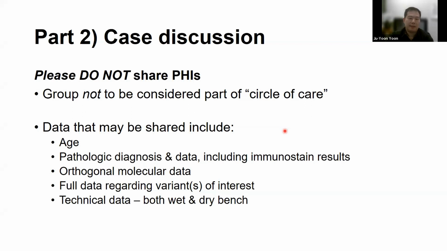Please note, however, that this forum, the people in the audience, are not considered part of the quote unquote circle of care. So we do have to restrict some information that is shared in presenting the cases, but we can share things like age, pathological diagnosis and data, including immunostain results, as well as any primary molecular or orthogonal molecular data, and some of the technical data that's relevant for the lab findings as well.